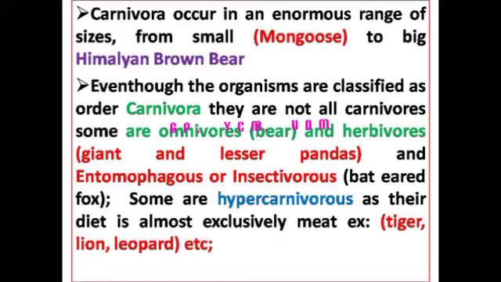Some are entomophagous or insectivorous, like the bat-eared fox. Some are hypercarnivorous, as their diet is almost exclusively meat, for example tiger, lion, leopard. So these are true carnivores. This group consists of different types of organisms which prefer different kinds of food.